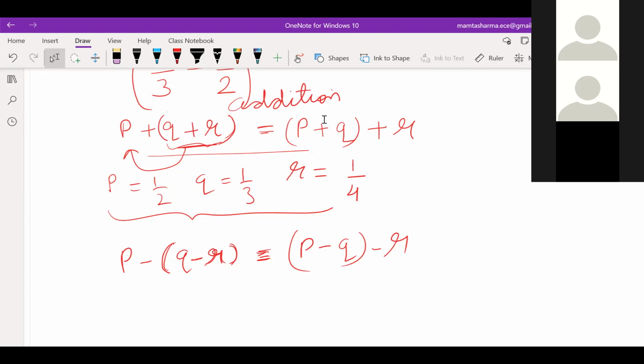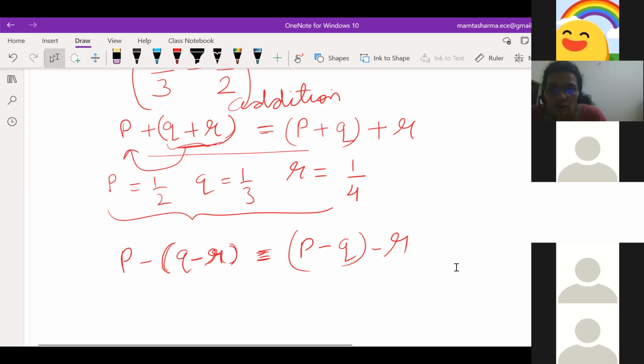Ma'am, I didn't read the whole thing, but it's not equal because in the middle it was coming different. No, you can't say directly. You have to solve.